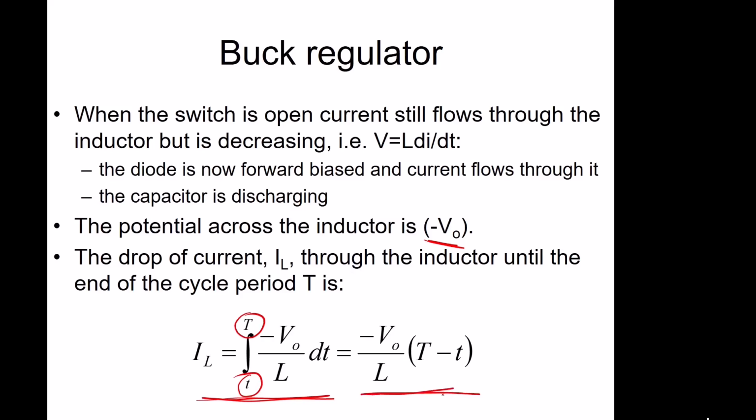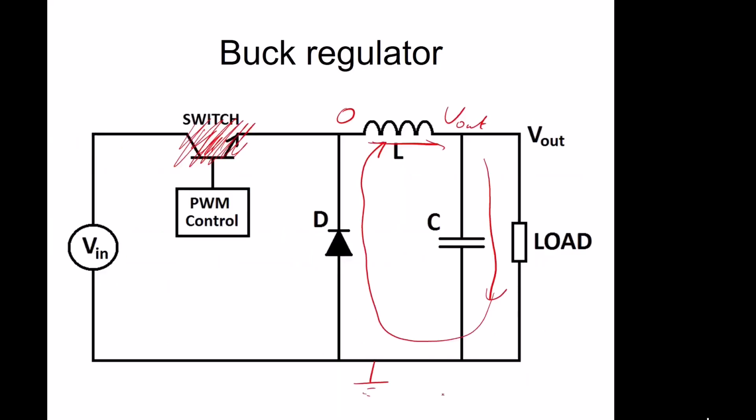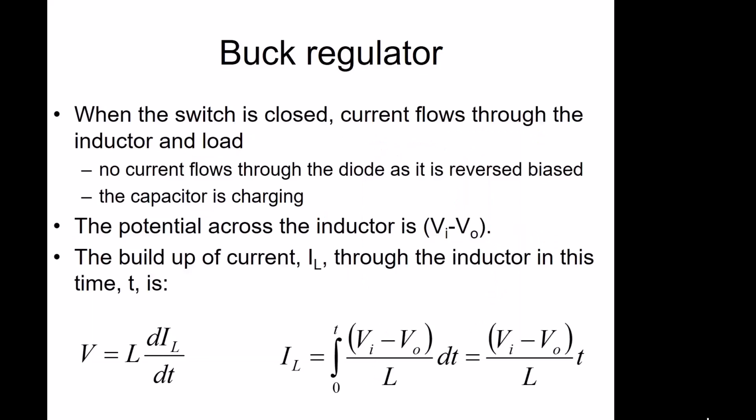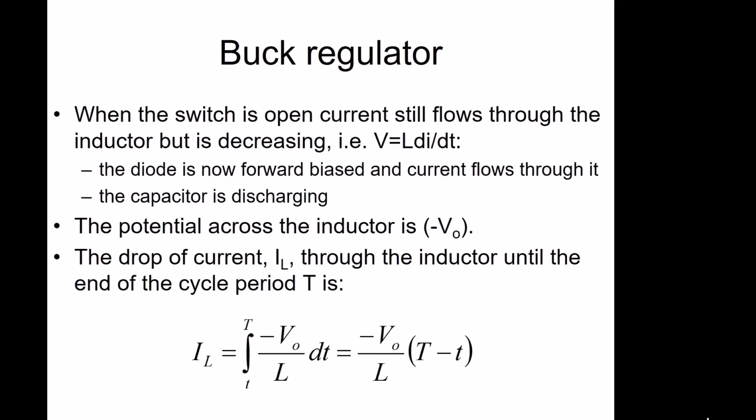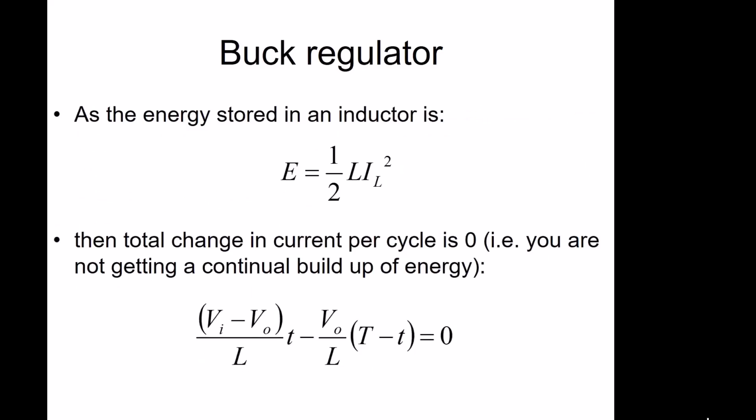So while this current is slowly decreasing, this capacitor is also slowly discharging. If we consider the energy stored in the inductor, this is given by this equation. So the energy in the inductor is that.